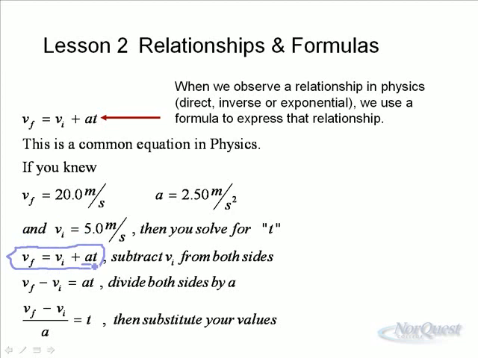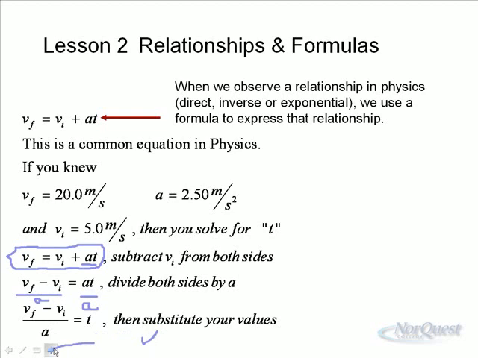Well, we subtract VI from the right-hand side, and at the same time we subtract it from the left. Subtracting it from the right leaves a blank there. Subtracting it from the left leaves us with VF minus VI. The next step would be to isolate t, we need to divide both sides by a. So we divide one side by a and the other by a, and we end up with this result.